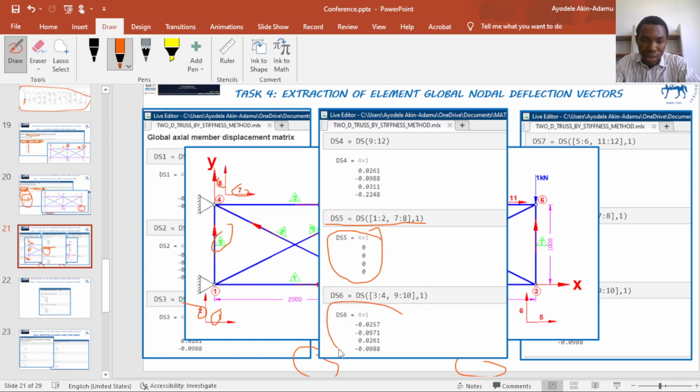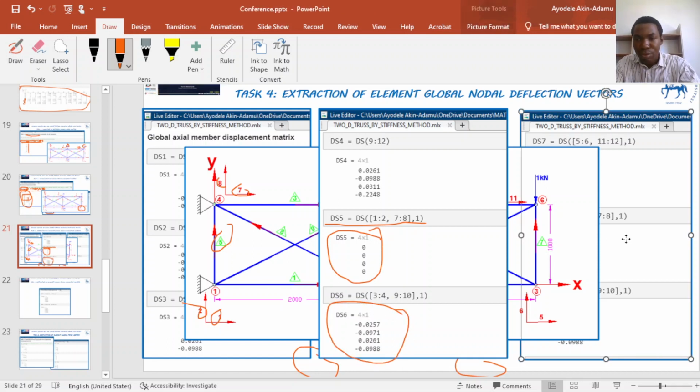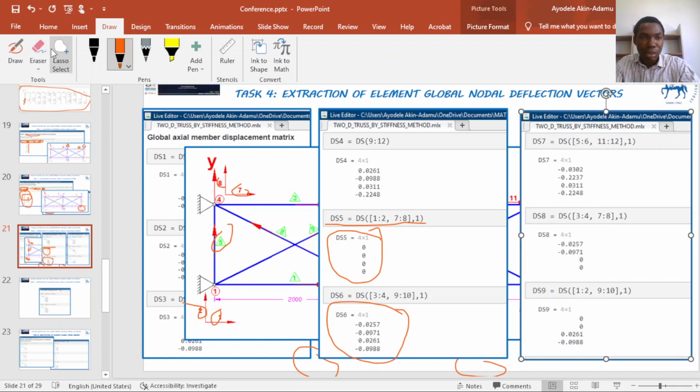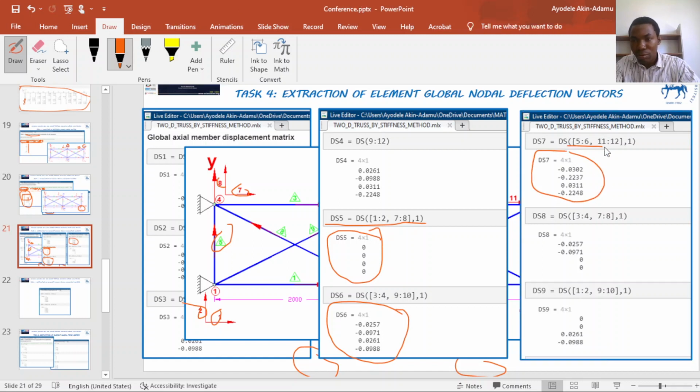This is the displacement vector for element 6. This is the displacement vector for element 7, computed using the Matlab code, using the degree of freedom numbering. Displacement vector for element 8, using the degree of freedom numbering.